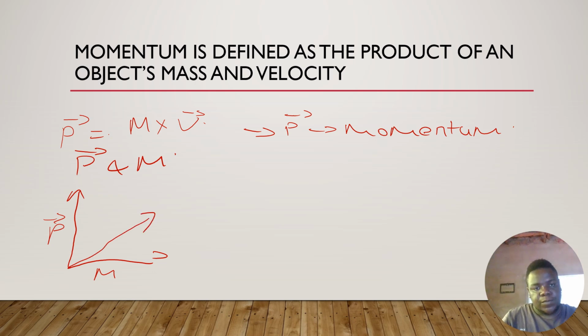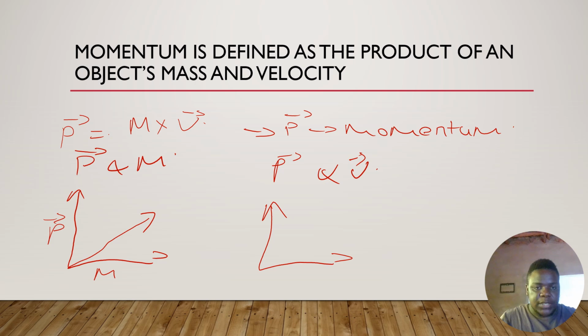Even the relationship between momentum and velocity of the object is direct proportion, meaning that if velocity is increased, the momentum is increased too. The graph between momentum and velocity will be a straight line like this.